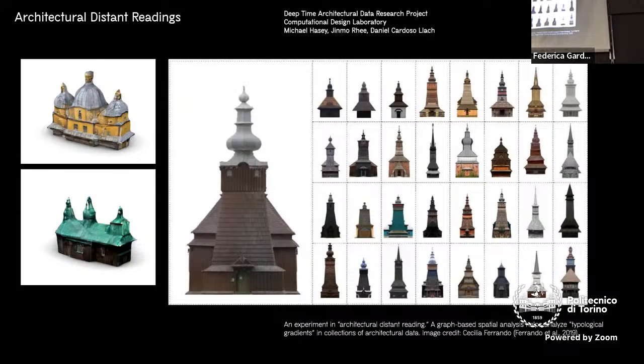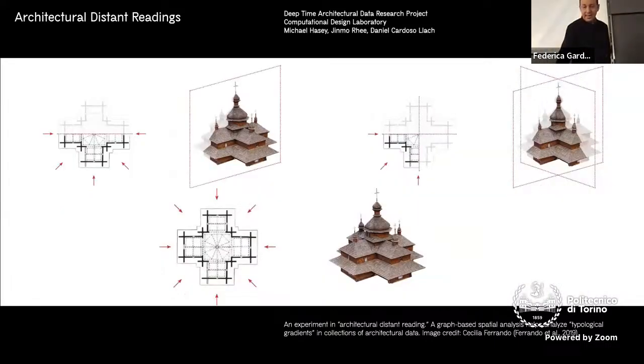So using 3D reconstruction techniques, basically drawing data from the internet, from Google Maps and Google Street View, we were able to develop a very large data set of these churches and reconstruct 3D models that we then analyzed using deep learning methods. And that allowed us to find particular stylistic families within that broader perspective. We are continuing this project, and Federica has been contributing to the next phase of this project, where we are looking at one specific example.